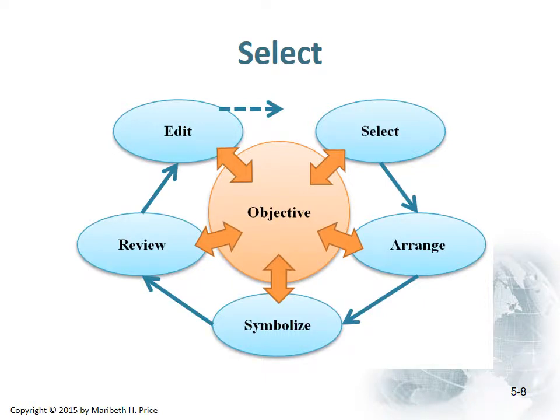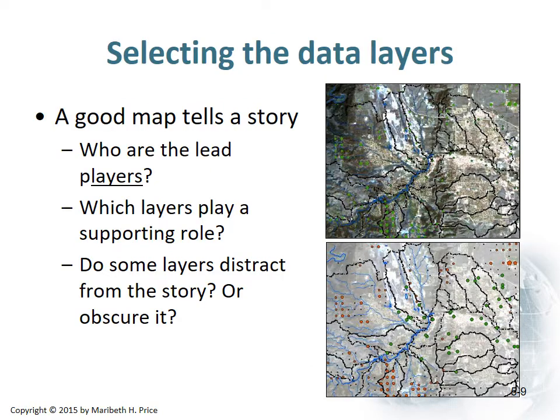Okay, here we transition on our overall map production process, our map design process, and we start examining selection processes. So what are we selecting to use, to display, to analyze, to meet our map objective? First thing we need to do is figure out what kind of data we're going to need.